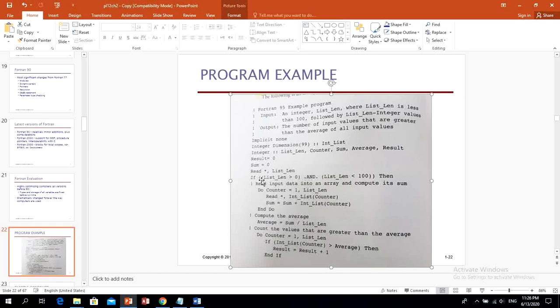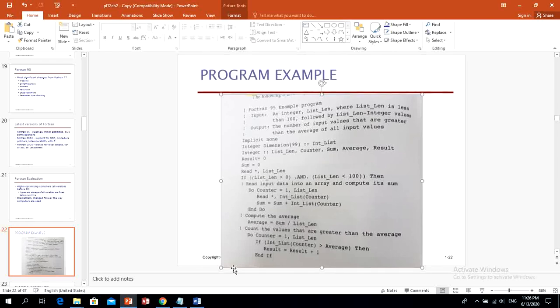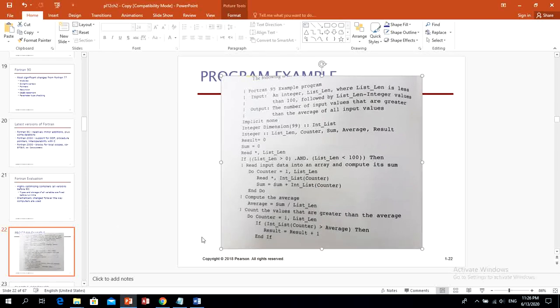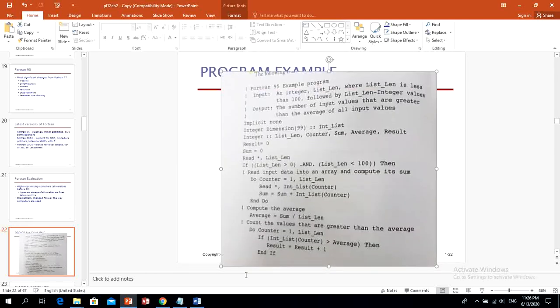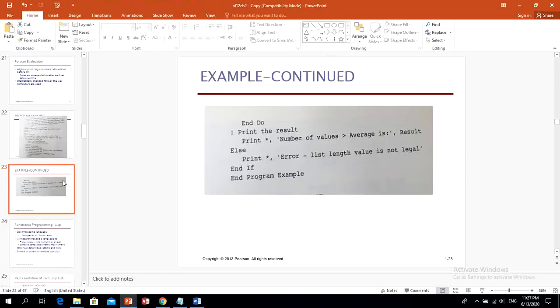Then after the if you will also find do counter, which is a loop, and it ends with an end statement as well. And then there is another loop here, and a nested if inside the loop. Every if statement ends with end if, but this is all inside the loop, and then the loop ends here.